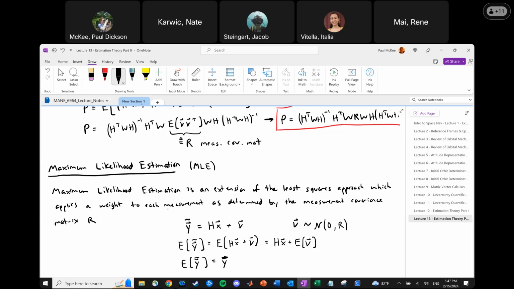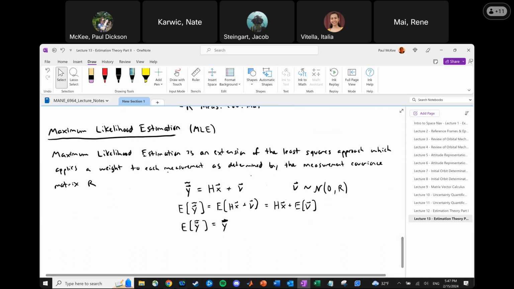Okay, so the reason I say that is that Y with the noise minus its own expected value is just nu. That's the idea.